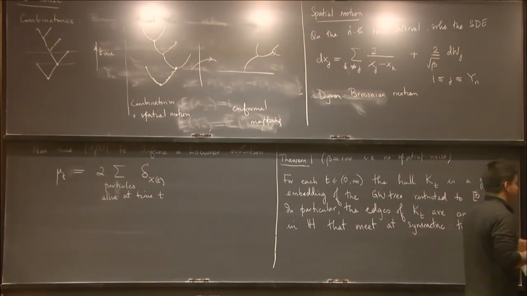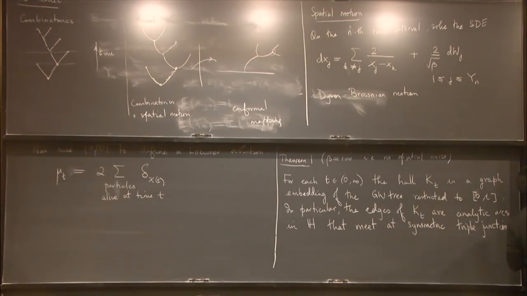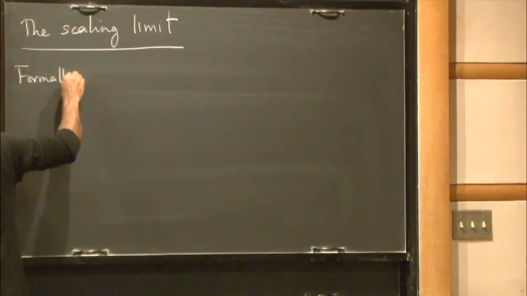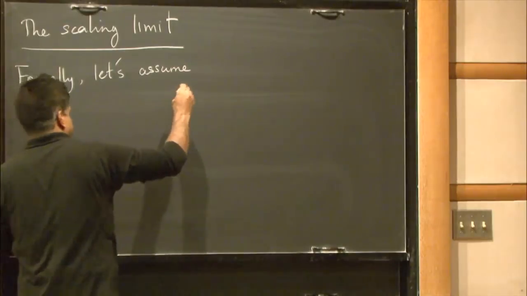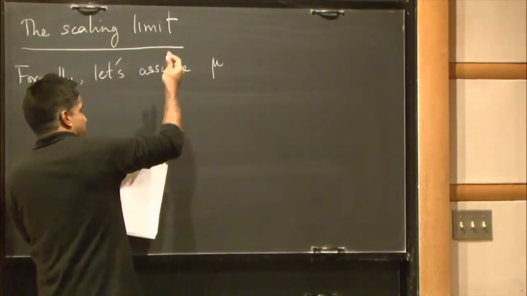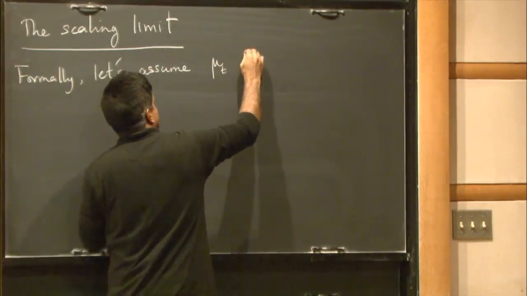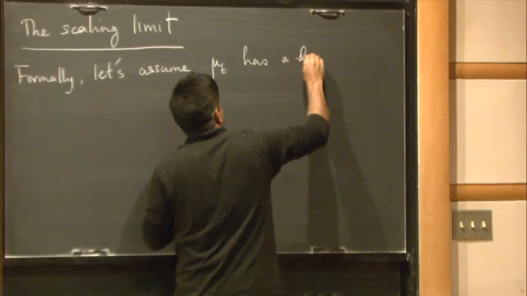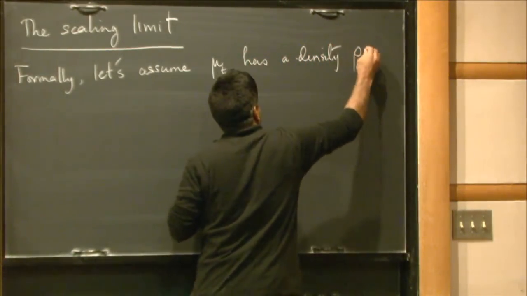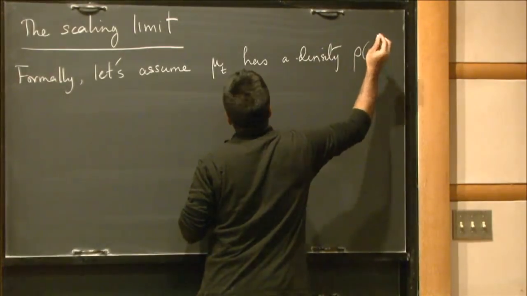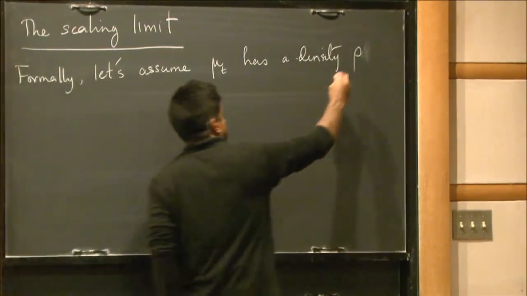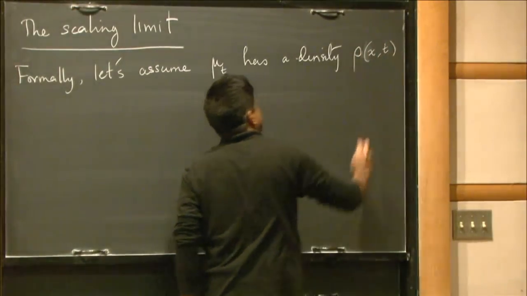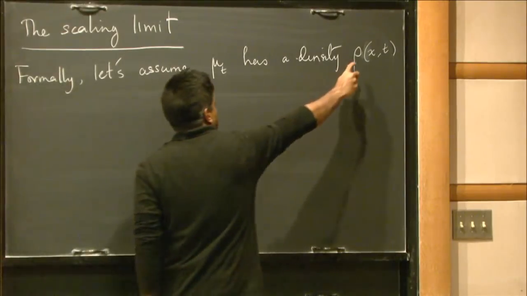Okay, so I'm going to write down an SPDE. It's just cleaner to write it out for the density, but of course we don't use a density anywhere, so let's assume u_t has a density rho, so let's say rho of x, t.